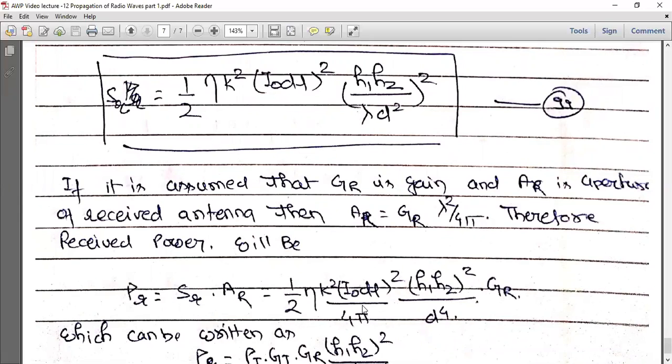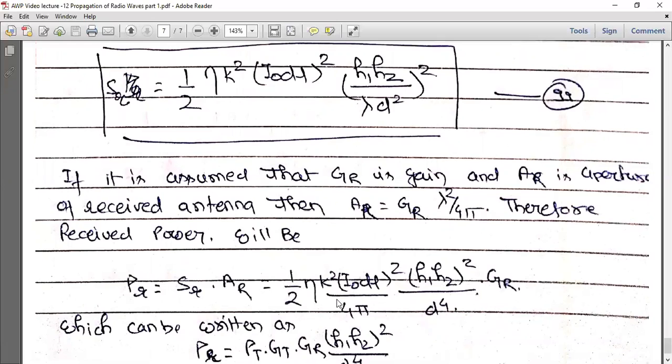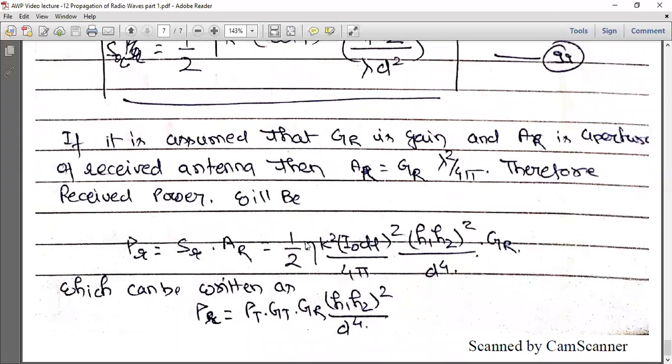In this expression, we have GR, D, H1, H2 as our variables. The remaining quantity can be replaced by PT into GT, the total transmitted power along with gain. So the received power is PT GT GR into (H1 H2) whole squared upon D to the power 4. This will be the expression for received power in the ground plane or ground reflection model.